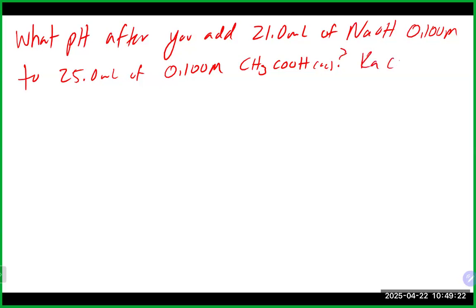The Ka for acetic acid, 1.8 times 10 to the minus 5. All right, give it a go, see what you come up with.